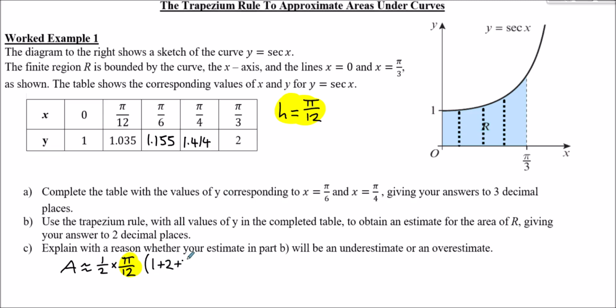Then we do 2 lots of all the ones in between. So 2 lots of 1.035 plus 1.155 plus 1.414.